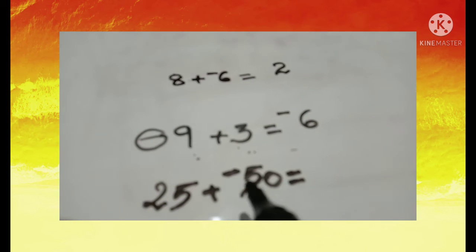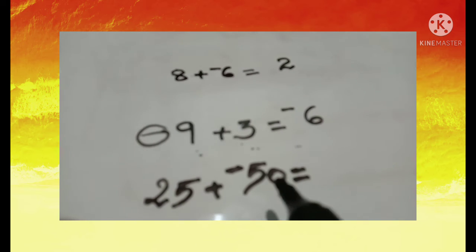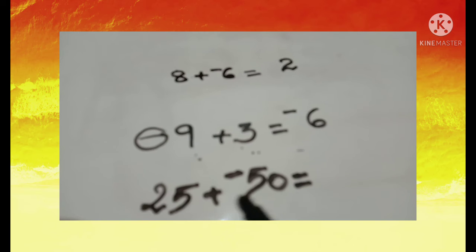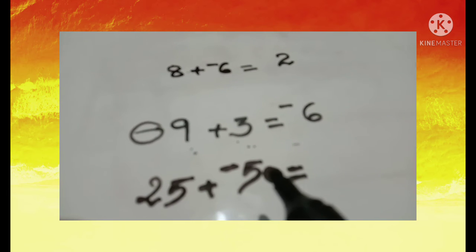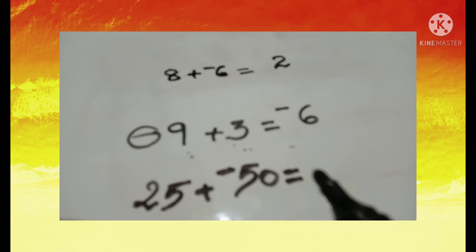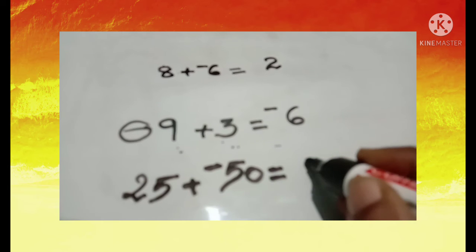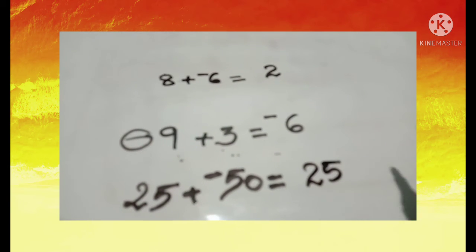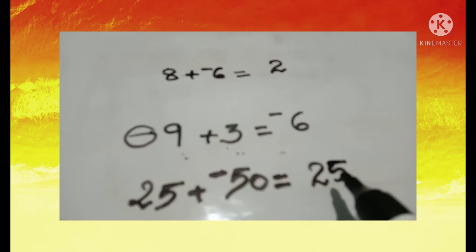So in the answer we have to put minus. Okay, first what you have to do? First you subtract it. 50 minus 25. Because two numbers with different signs have been given and hence you have to subtract it. So 50 minus 25, answer is 25. Right?